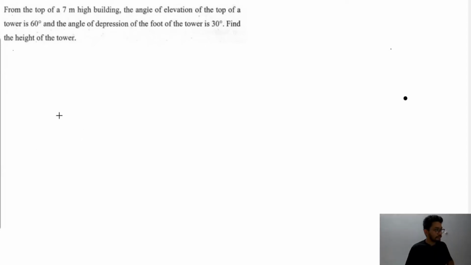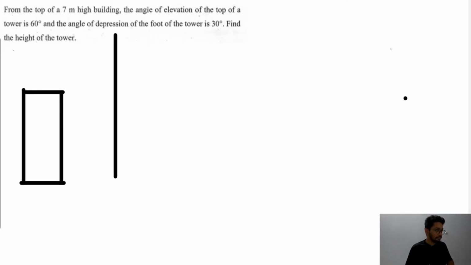So let me draw a building, and this is a tower. All they have given is, from the top of a 7-meter high building, the angle of elevation of the top of the tower is 60 degrees.